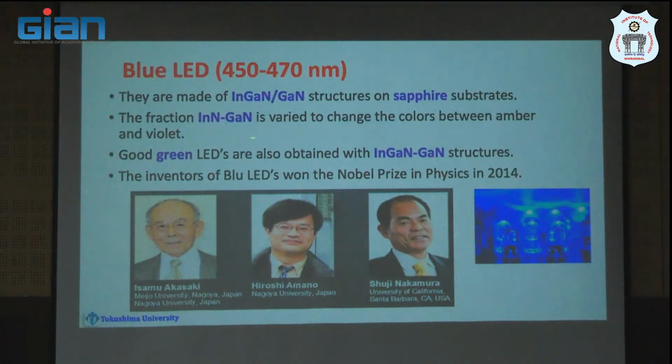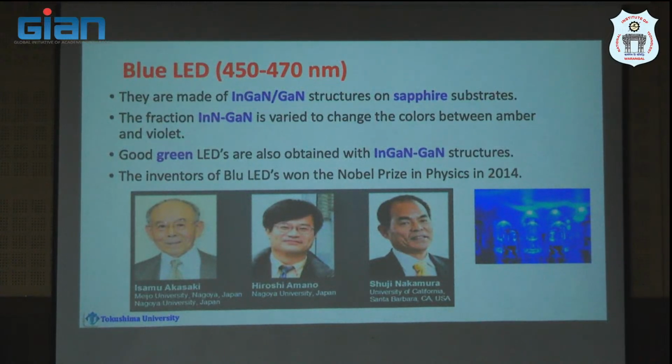When they made this combination, all of them, from different universities by the way, tried a certain kind of combination. This was their combination to prepare the blue LED. But the invention of the blue LED is very important. Why?